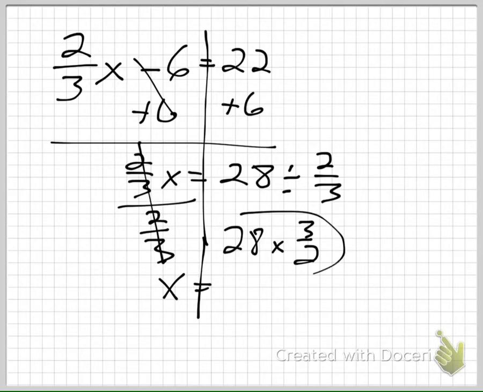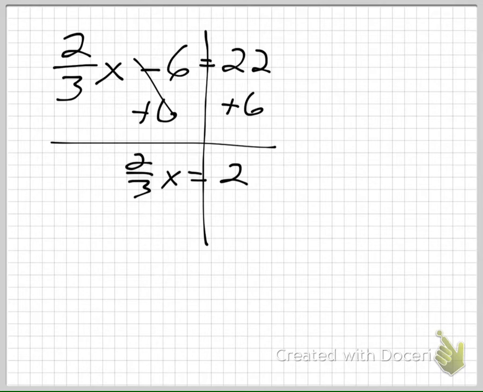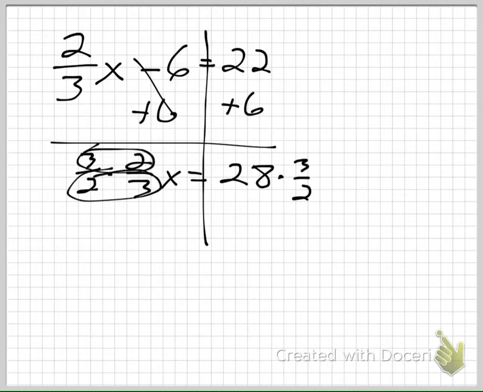So then if I'm going to get to this point anyway, why not go back and skip that step, and instead of dividing by 2/3, what should I do instead? Multiply by 3 over 2, right? If I multiply this side by 3 over 2 and multiply this side by 3 over 2, what is 3 times 2? 6. What is 2 times 3? 6. 6 over 6.